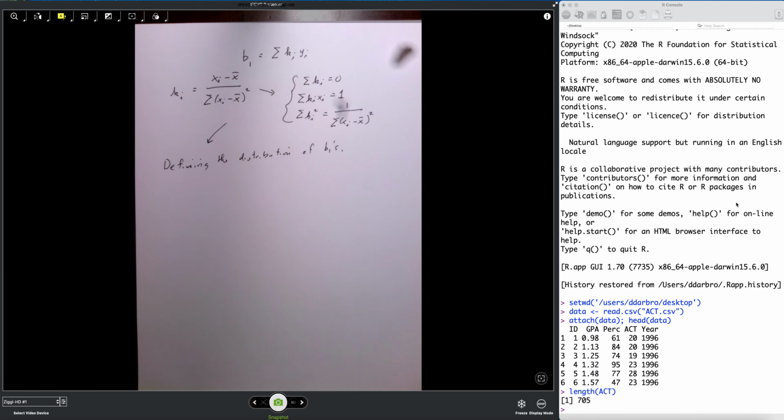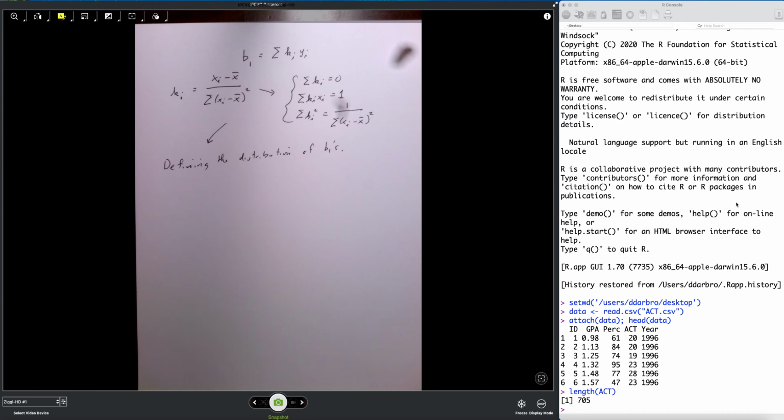When I define a distribution, the first thing I want to define is the shape, and the second thing is the parameters that define that particular shape. What I hope to find is a normal distribution, because a normal distribution is defined by its center and its spread, namely its mean and its standard deviation.